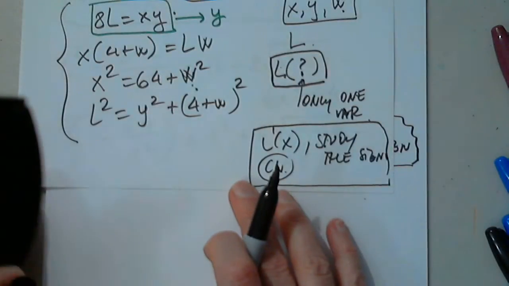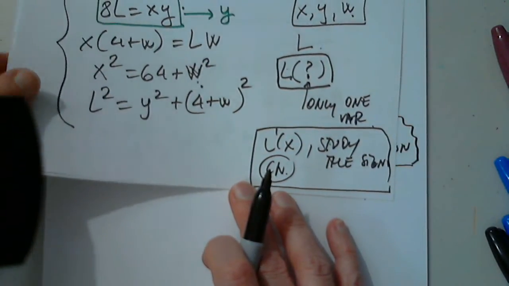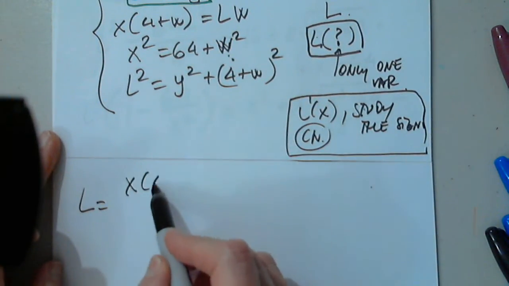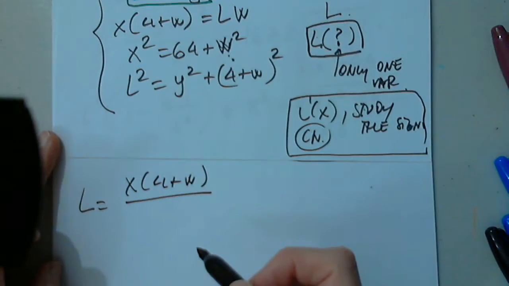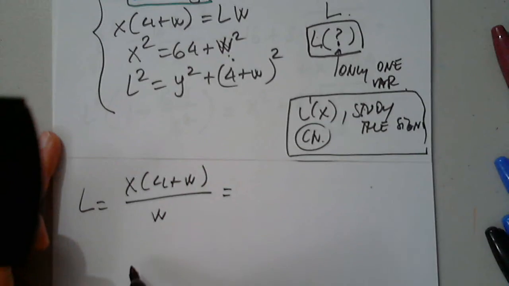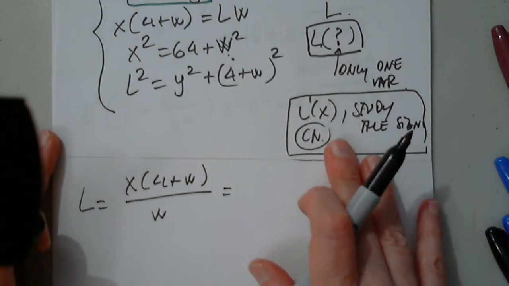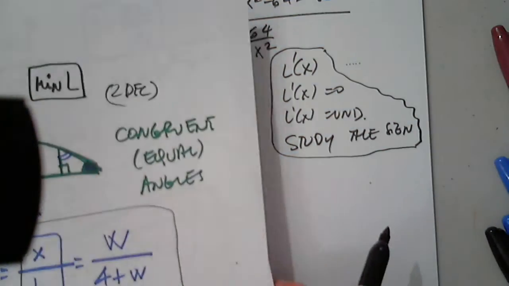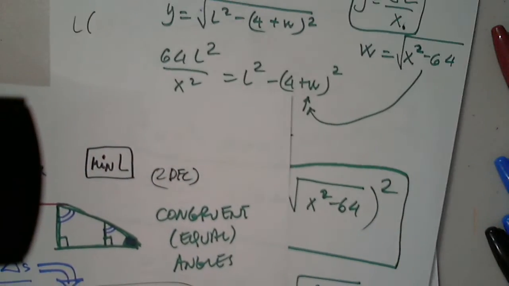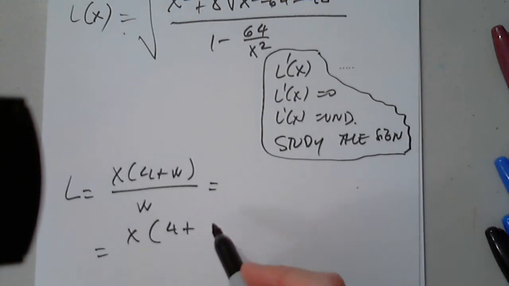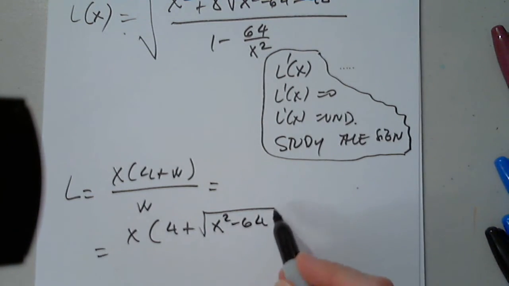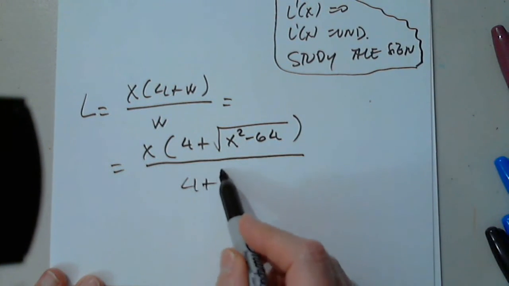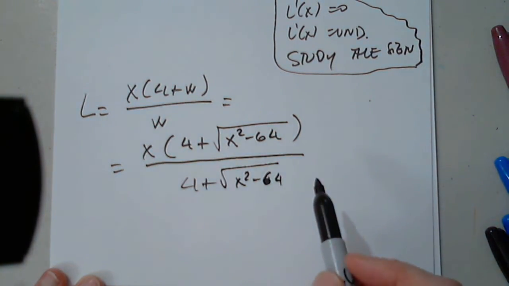So here we have, let me just look for 1 second, because that will potentially be a much easier path. So L was x(4 plus w) divided by w. So that is x times (4 plus the w that we had, the square root of x squared minus 64), everything divided by the square root of x squared minus 64.